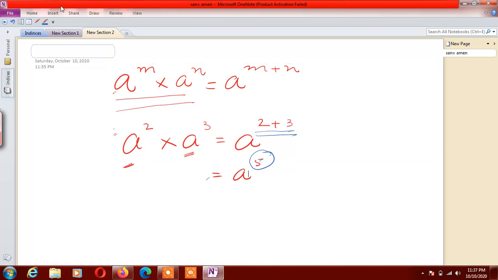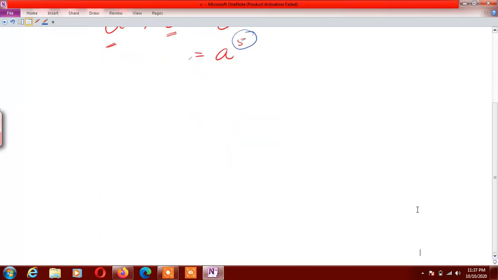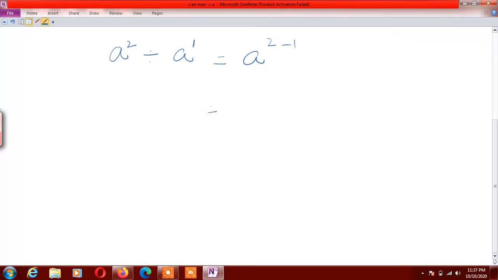So there is another law, which is called the law of division. In division, if the bases are the same, the powers will be subtracted, like 2 minus 1, so it is equal to a power 1.